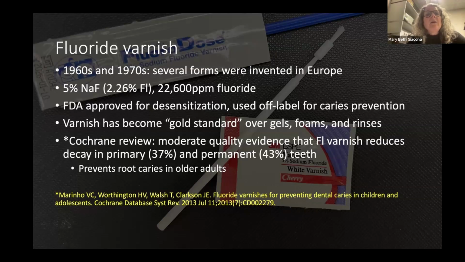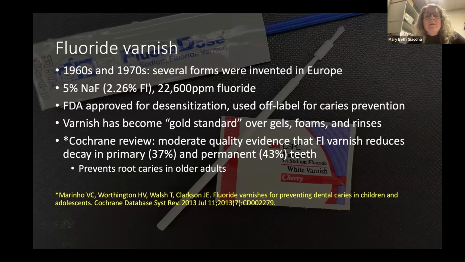varnish. In the 1960s and 1970s, several different forms of fluoride varnish were invented in Europe. The FDA here in the US has approved fluoride varnish for desensitization of enamel, so for people with sensitive teeth, but it's widely used, off-label technically, for caries prevention. And it's become the gold standard over gels, foams, and rinses.